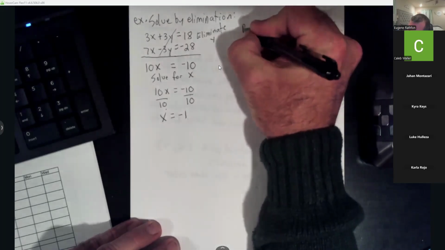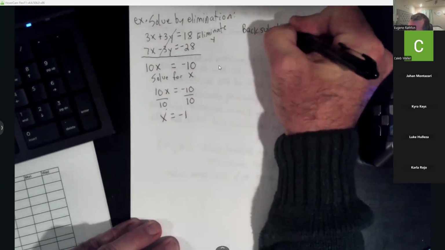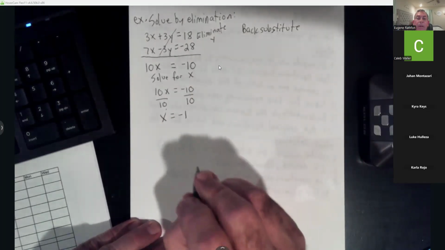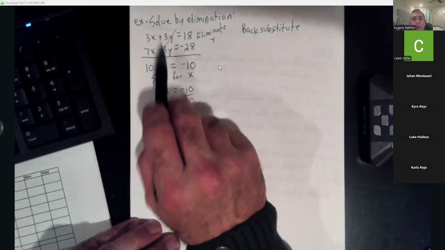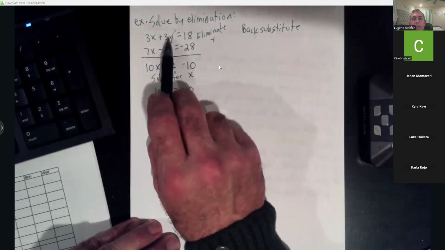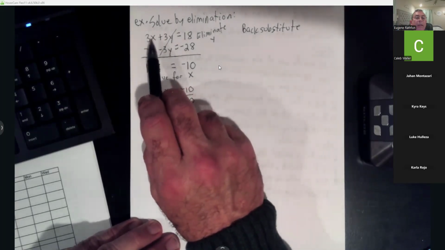So now we're going to come up here and back substitute. So since I know what x is going to be, I can pick either of these 2 original equations and plug in for the x.